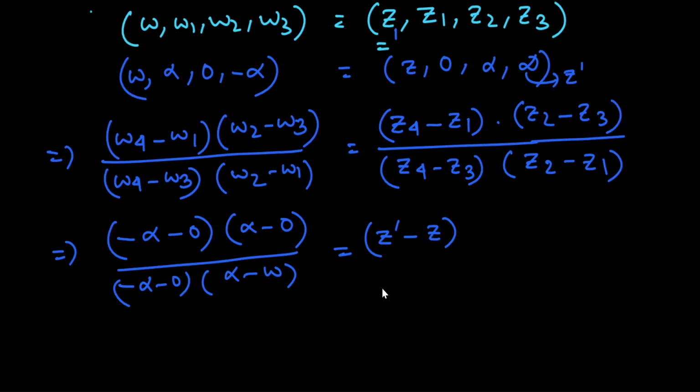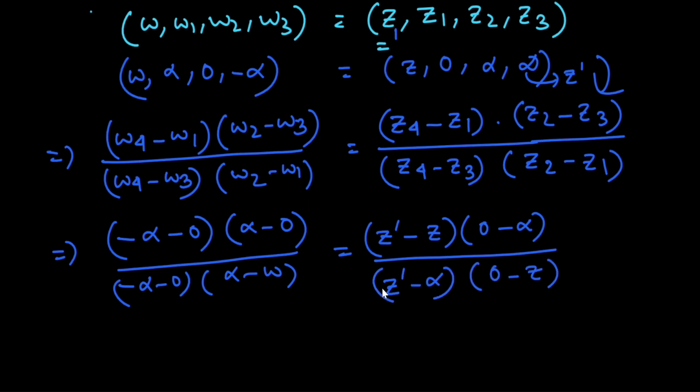From this we write (Z dash minus Z)(0 minus alpha) by (Z dash minus alpha)(0 minus Z).